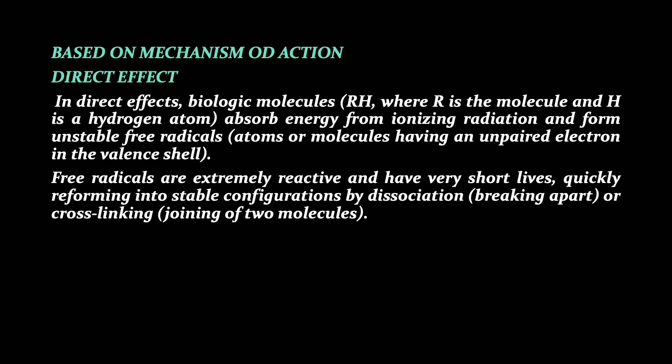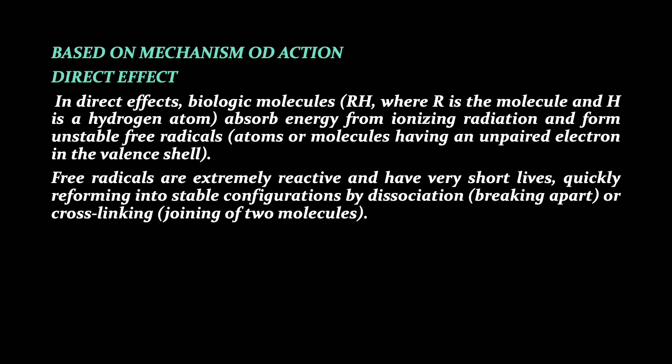Based on the mechanism of action, I told you there is direct effect and indirect effect. The direct effect is when the radiation affects the biological molecule RH, where R is the molecule and H is the hydrogen atom. Because our body is made up of hydrogen atoms, R is the biological molecule. These absorb energy from the ionizing radiation and become free radicals with unpaired electrons.